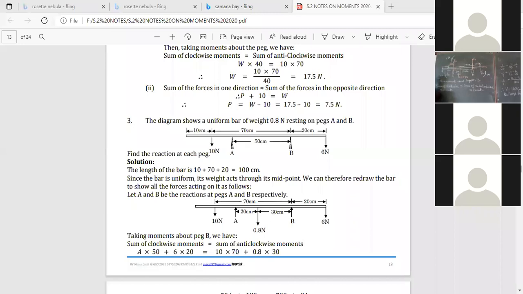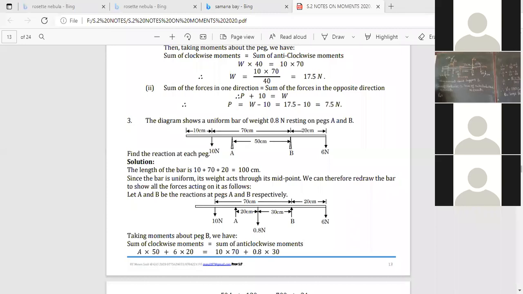RA times 50. So I'm taking the sum of the anti-clockwise moments. Which are the anti-clockwise moments? The first anti-clockwise moment we saw was RA. And what is its distance from the pivot? 50 centimeters.